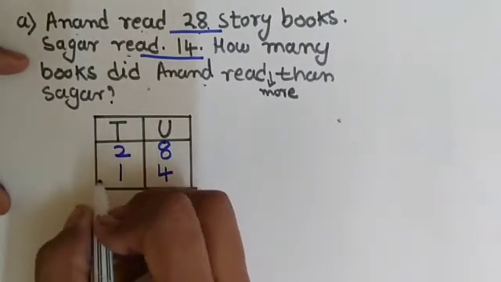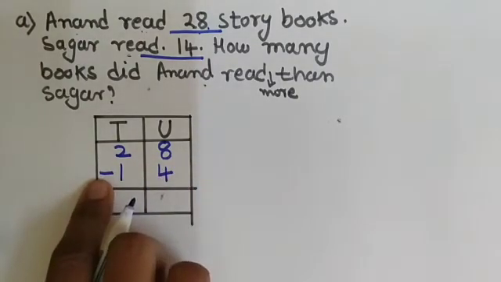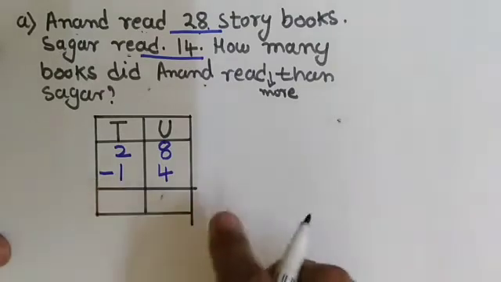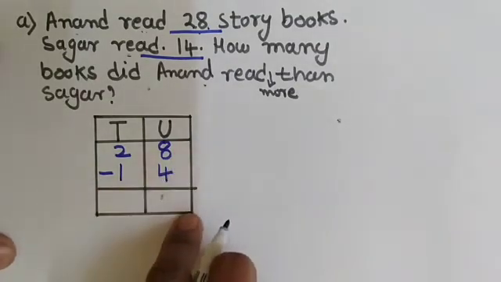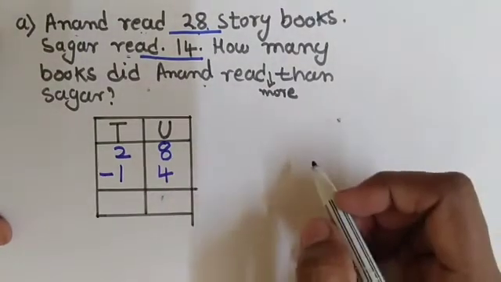Now what we have to do, children? Yes, subtraction. Put the sign of subtraction here, children, that is minus. Then how to subtract, children? Yes, we understood that with the help of tens and units, by drawing the tens and units.